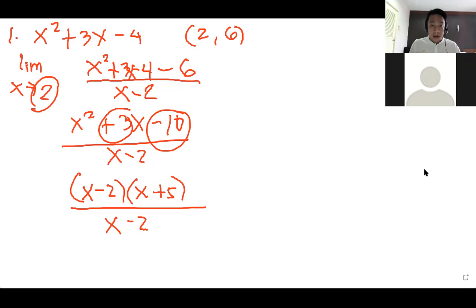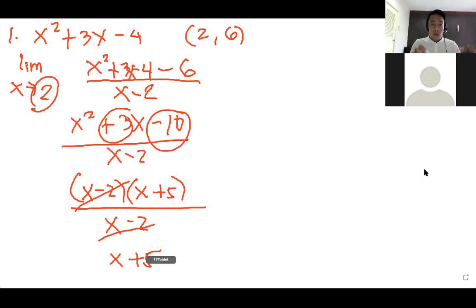Now, since we have the same expression on the upper part and the lower part, we can cancel them. I will cancel those two, and we have the remaining expression, which is x plus 5.